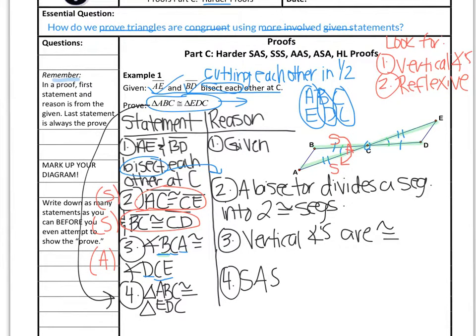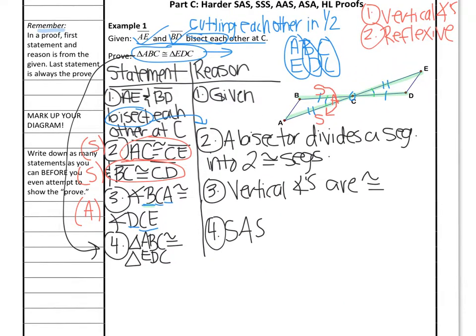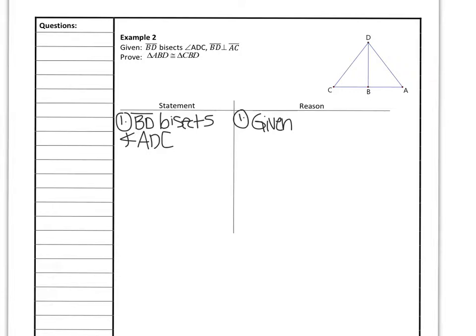Okay? All right, example number 2 is on the next page, so go ahead and flip on over. Go ahead and write down your first given in your statement column. Okay, so our first given is that segment BD bisects angle ADC.